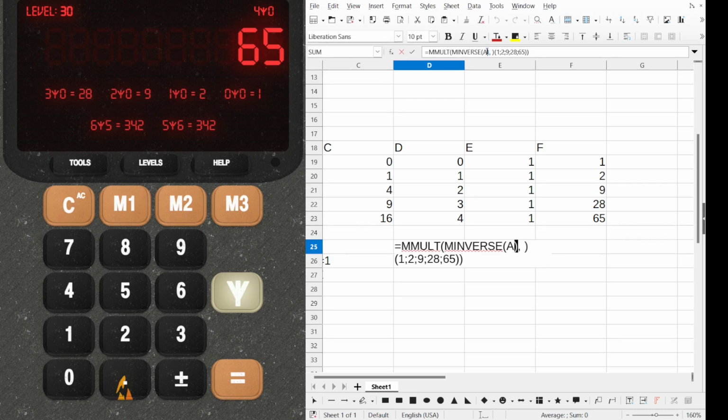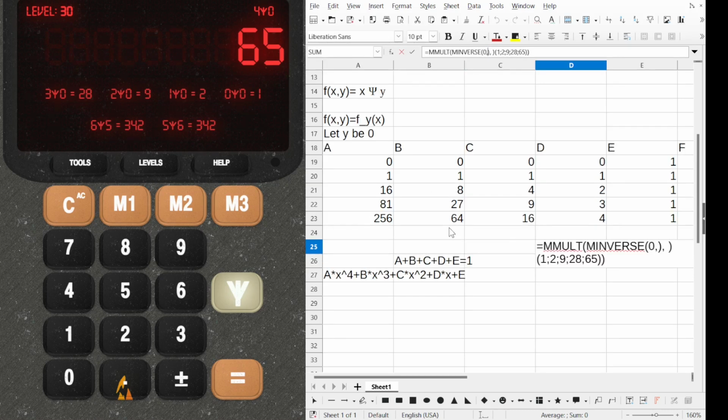Next, we need to input A, which is 0, 0, 0, 0, 1, 1, 1, 1, 1, 1, 3, 4, 5 here. 16, 8, 4, 2, 1. 81, 27, 9, 3, 1, and the last one, 256, 64, 16, 4, and the 1.